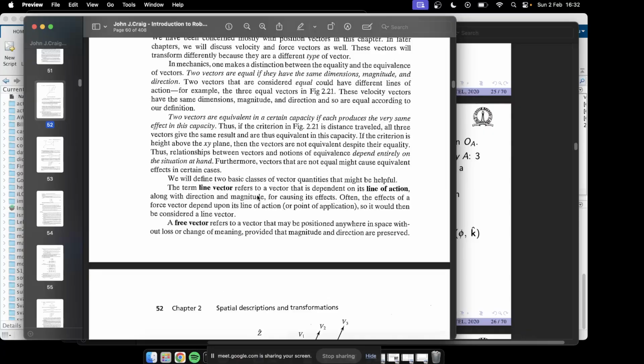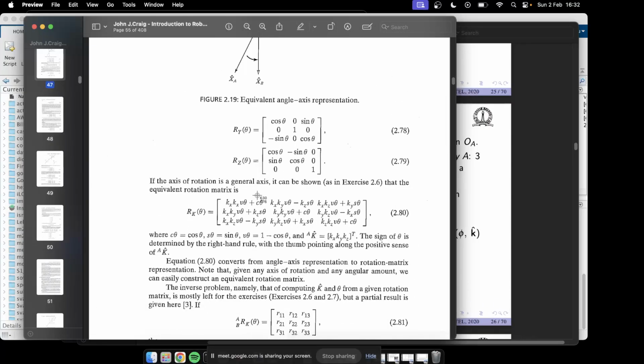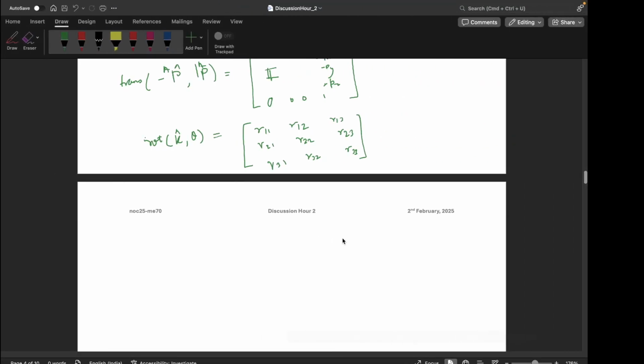So I will again refer to the book and use the general expression for a rotation of theta about an axis k.